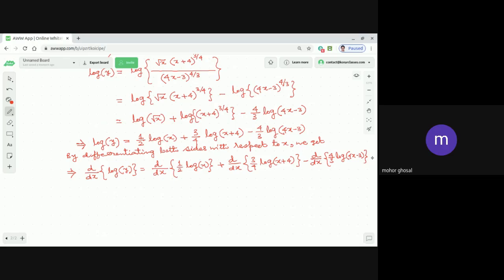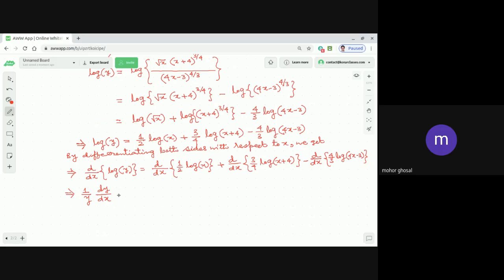So this implies d/dx of log y, that means d/dy of log y into dy/dx. So d/dy of log y, can I write 1 by y into dy/dx? Dear students, is it fine?